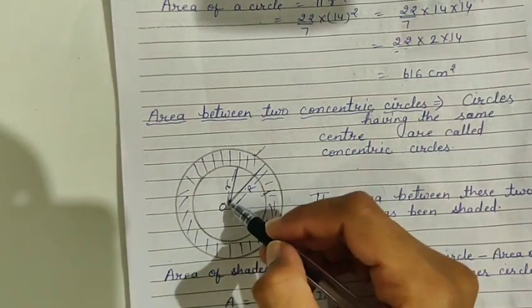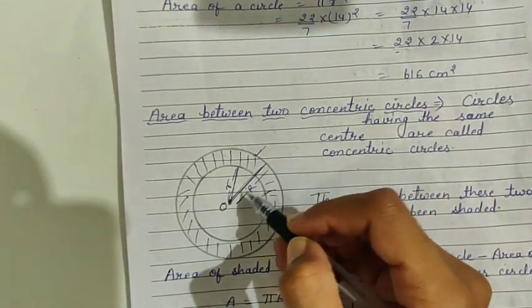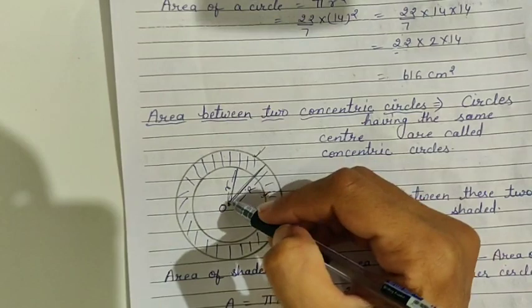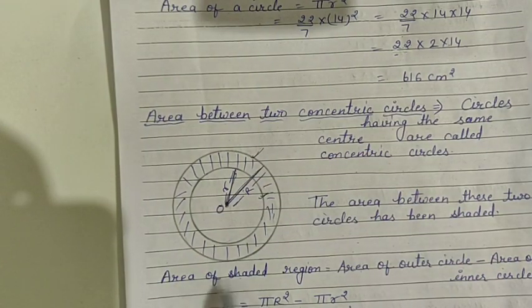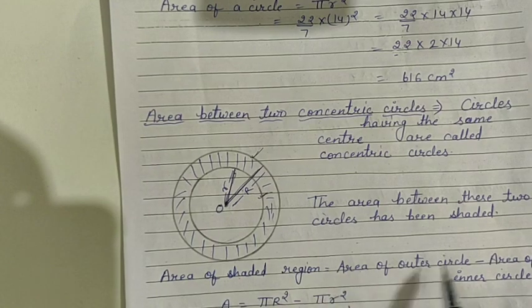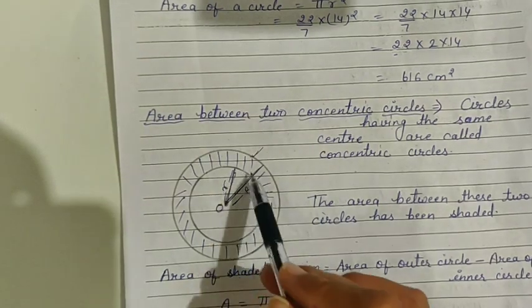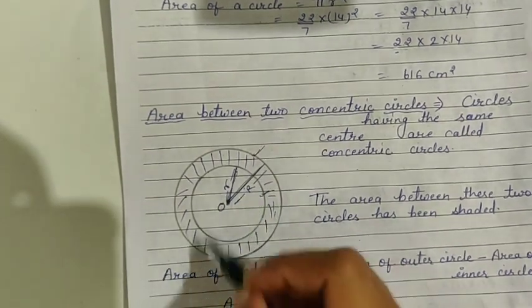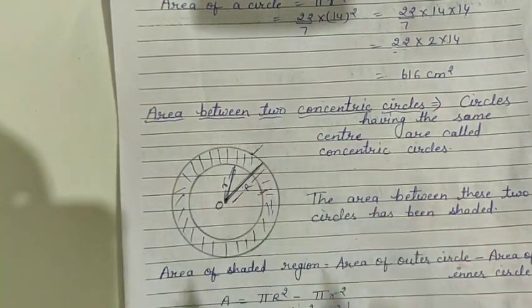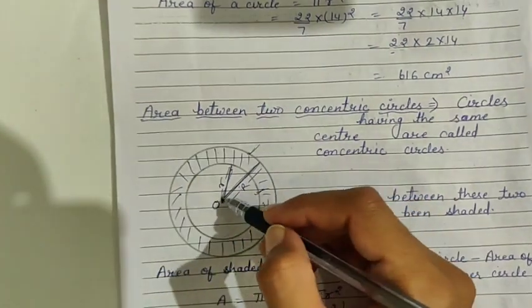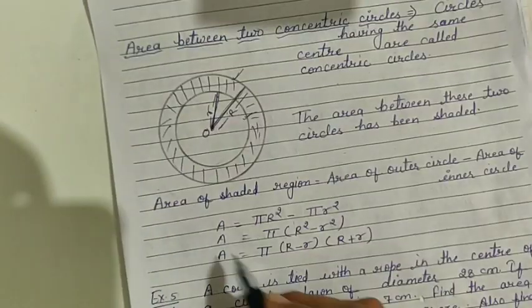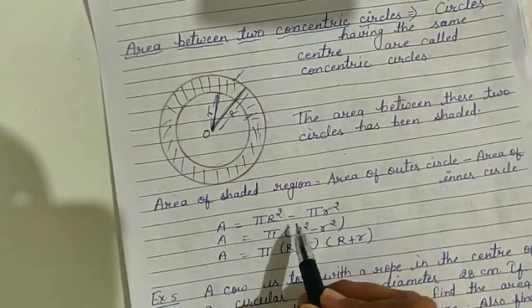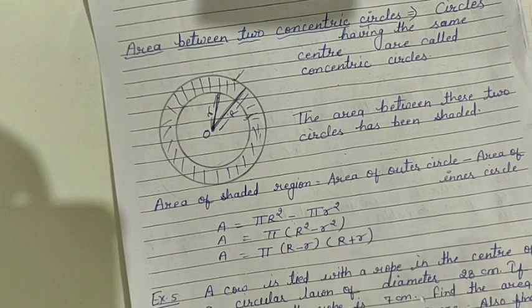So the area of the outer circle is pi capital R square and the area of the inner circle is pi small r square. So the area of shaded region is equal to the area of outer circle minus the area of inner circle. So A is equal to pi capital R square minus pi small r square.